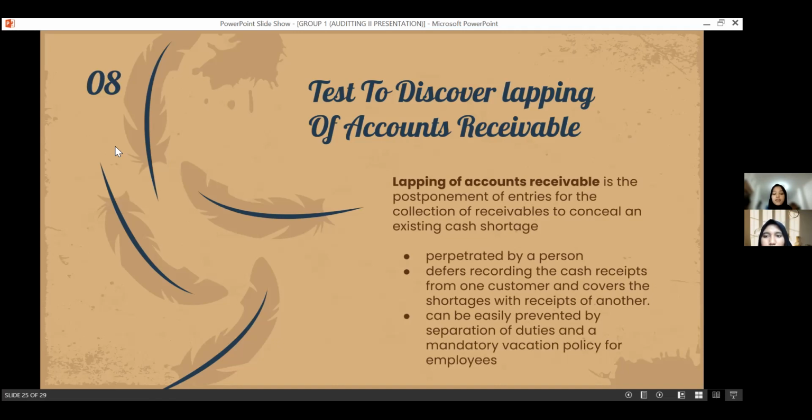He or she defers recording the cash receipt from one customer and covers the shortage with a receipt of another. This embezzlement can be easily prevented by separation of duties and a mandatory vacation policy for employees who both handle cash and enter cash receipts into the system.